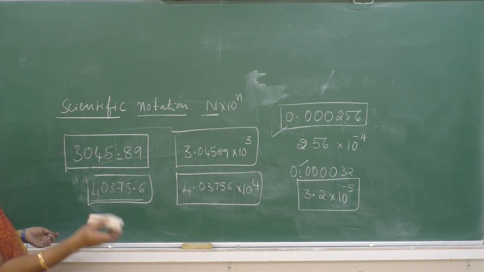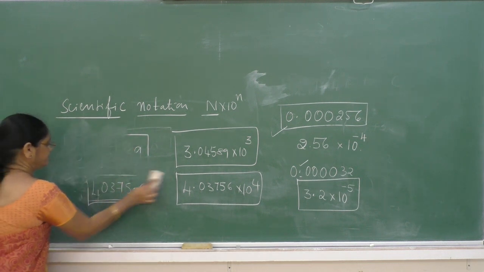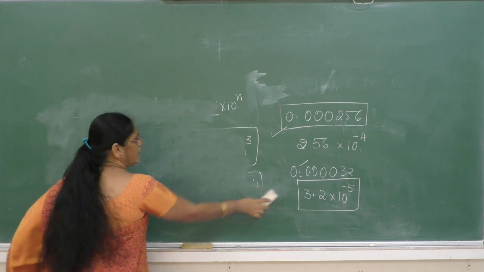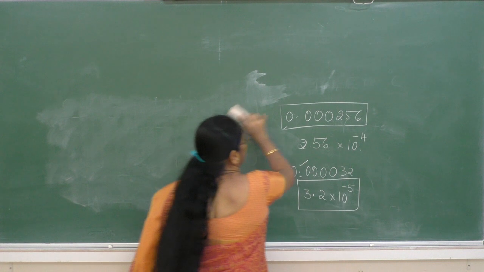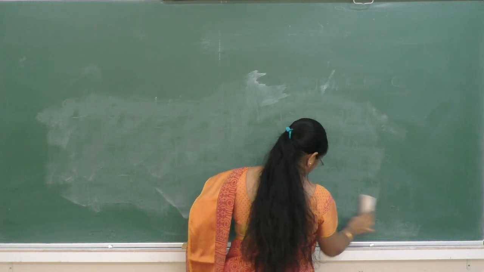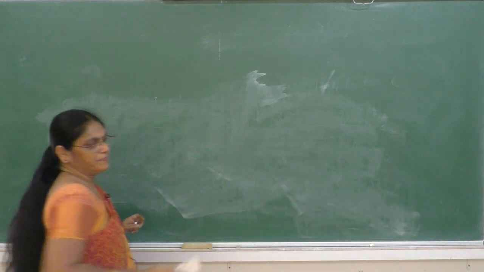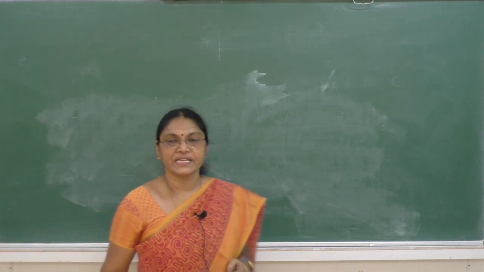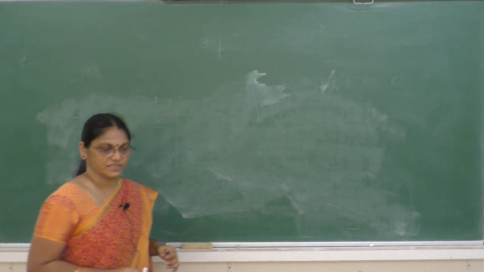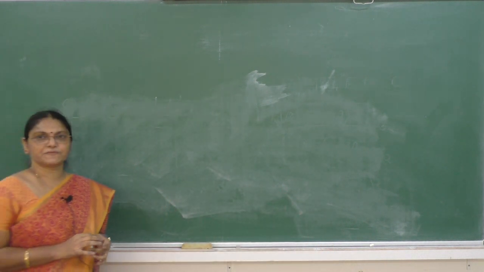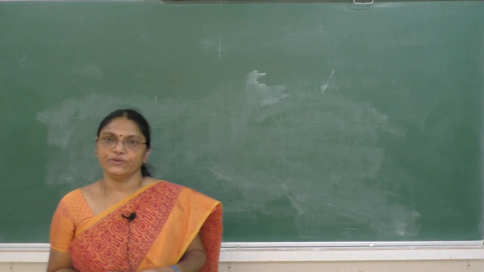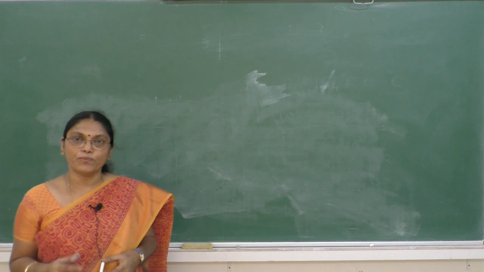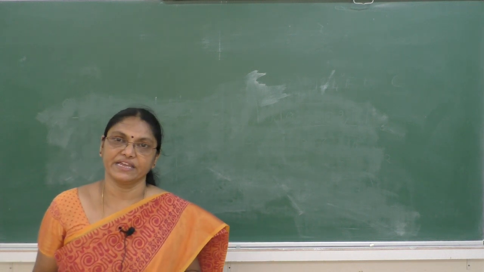So after scientific notation, what are precision, accuracy and significant figures? While doing an experiment, different values are obtained in different trials.